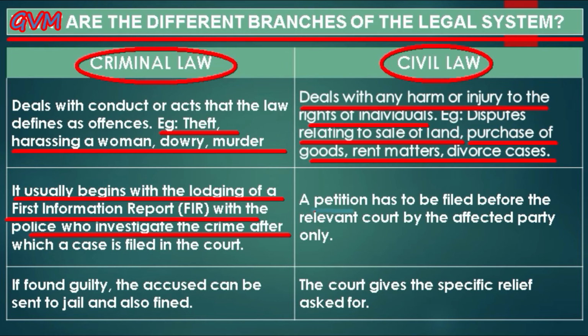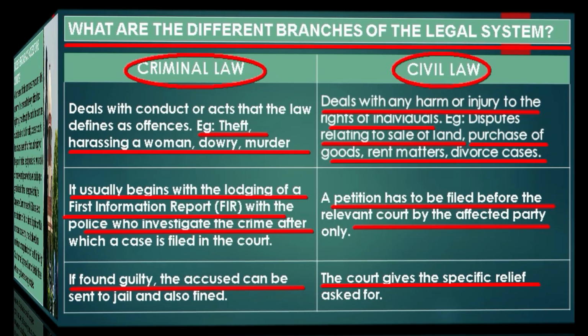Whereas in civil law, a petition has to be filed before the relevant court by the affected party. Students, in criminal law, if a person is found guilty, then the accused person can be sent to jail as well as fined. Whereas in civil law, the court gives the specific relief asked for by the affected party.